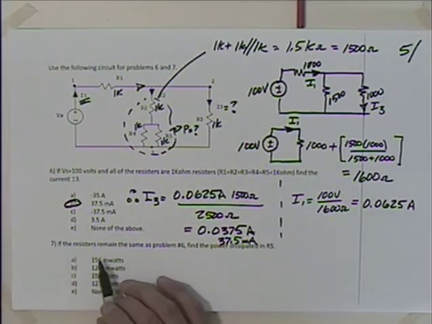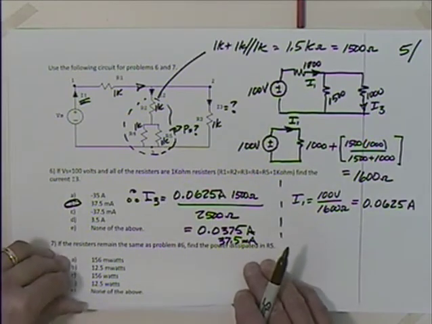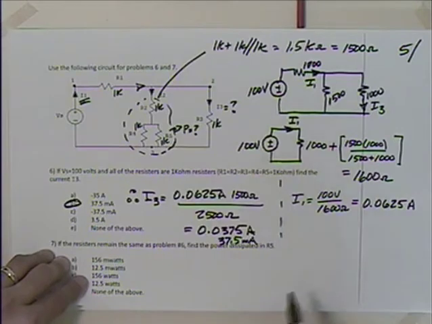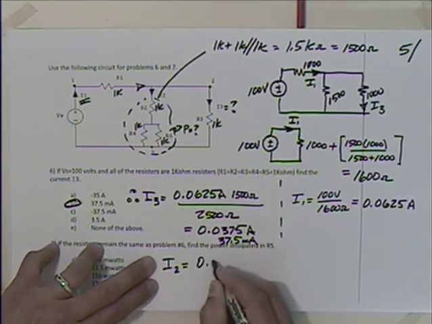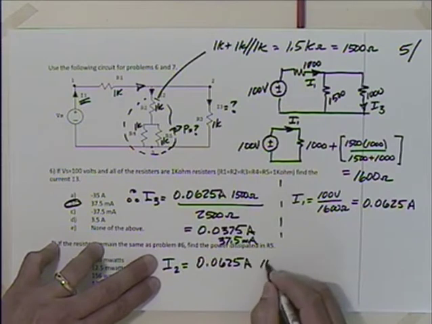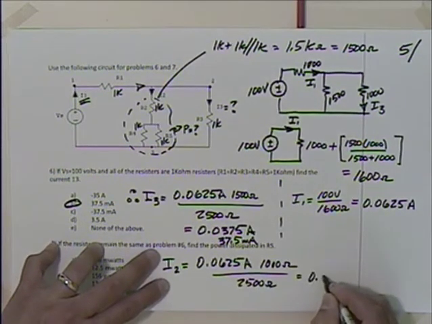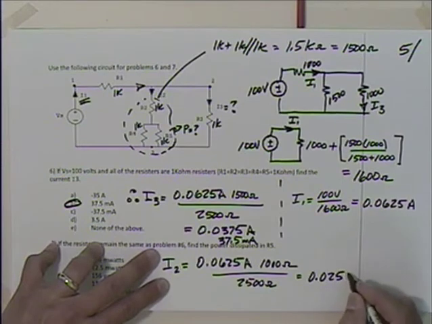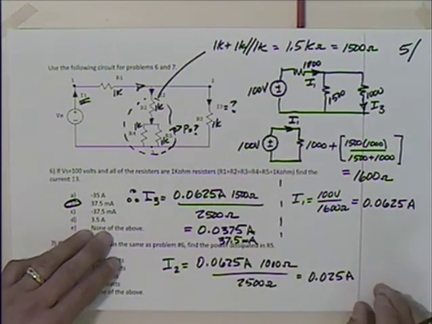Now, if the resistors remain the same, find the power dissipated in R5. Well, what we could do is figure out I2 and then split I2 again if we wanted to. So I2 is going to be equal to 0.0625 amps times now this 1000 ohms divided by the 2500 ohms, which gives me 0.025 amps. So that's the current right there, and then that splits again, doesn't it?